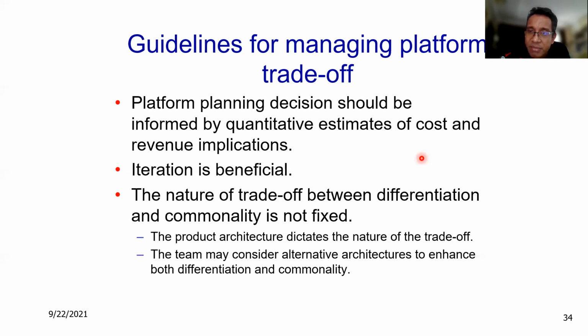So this tension between the desire to tailor the benefit of the product to the target market segment and the desire to minimize the investment is highlighted when the team attempts to make the differentiation plan and commonality plan consistent. So we offer several guidelines to manage this tension.